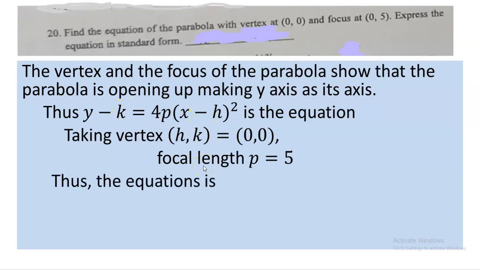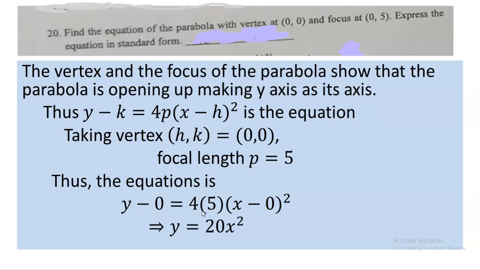So finally you will obtain the equation of this parabola being y minus 0 equals 4 times 5 times x minus 0. What I did here is I just simply substituted h, k as 0, 0 and p as 5 in my formula, and then finally I can obtain this to be y equals 20x squared. Therefore the parabola will have this equation, y equals 20x squared.